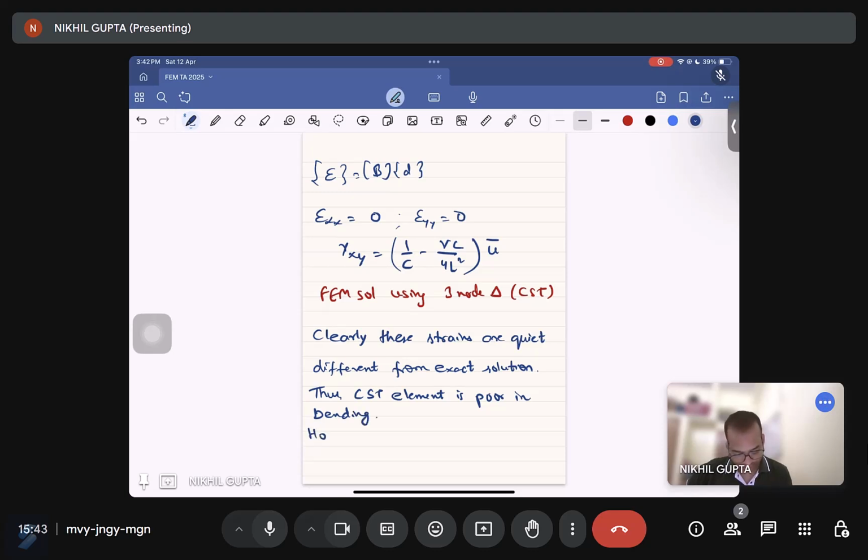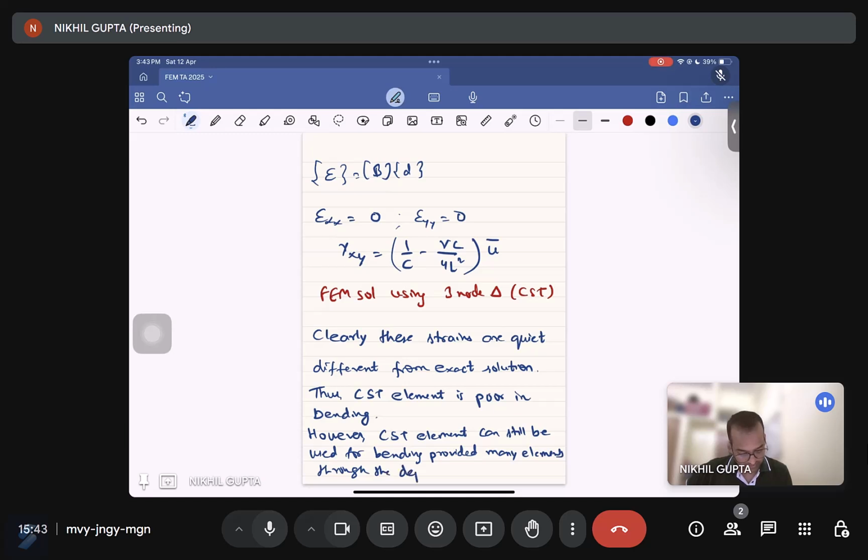However, the CST element can still be used for bending provided many elements through the depth.